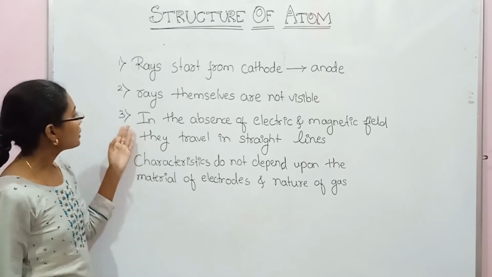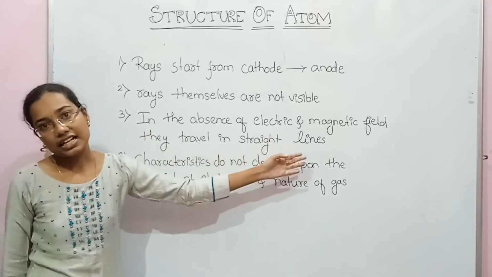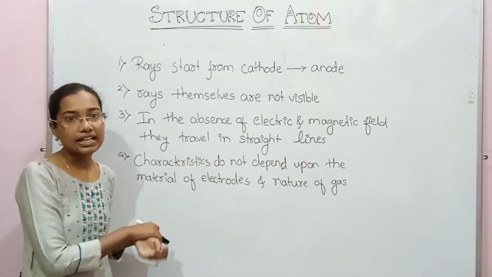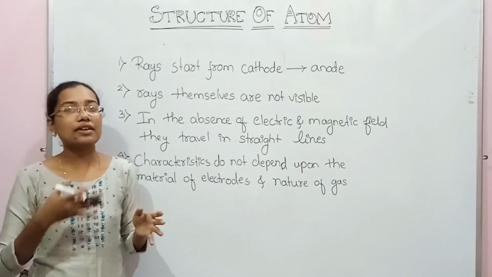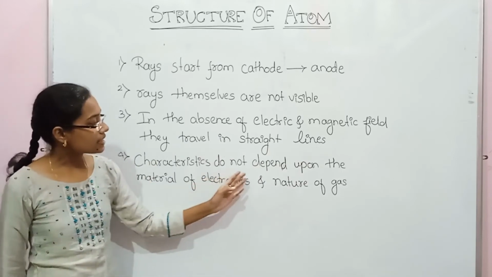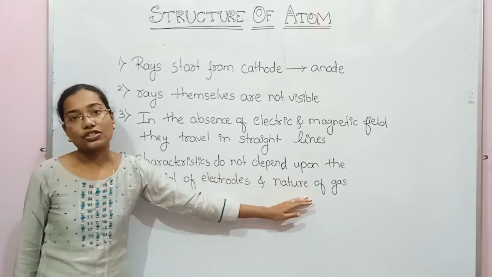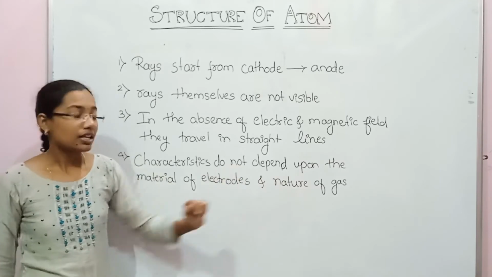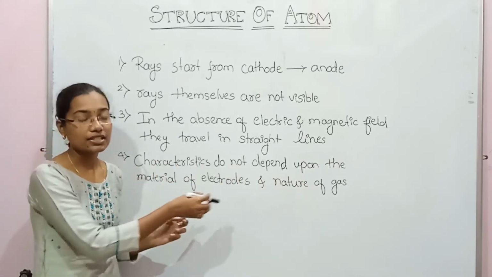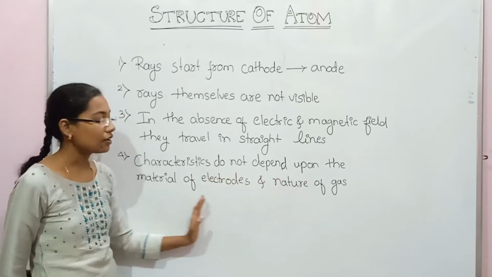Okay, and the third one is, in the absence of electric and magnetic field, they travel in a straight line. This we have seen in both the experiments. Then the last one is, characteristics do not depend upon the material of the electrodes and the nature of the gas. This is very important. The characteristics of the rays of electrons do not depend upon the material of electrodes.